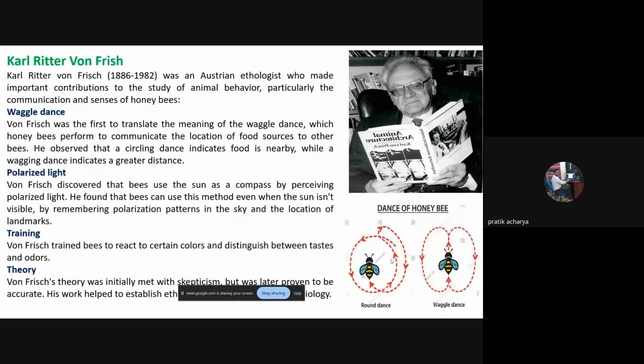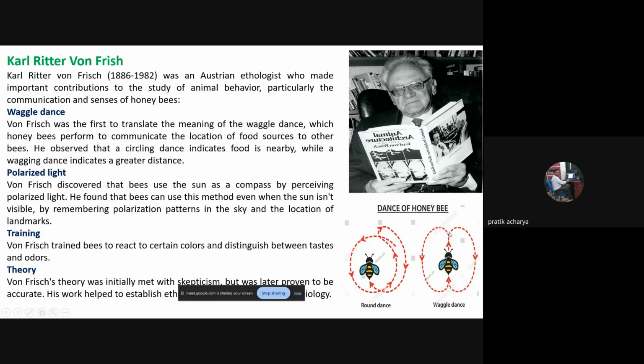So he first observed this peculiar type of dance, the waggle dance, which honeybees perform to communicate the location of a food source.